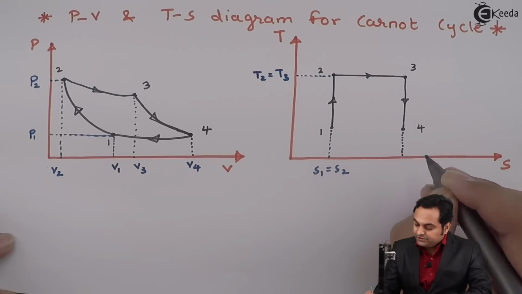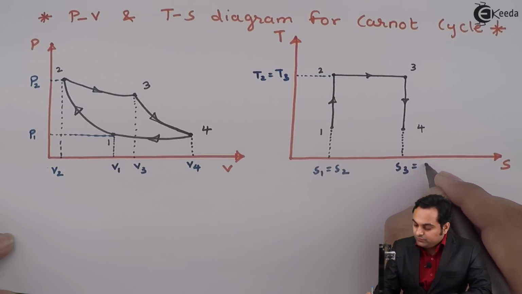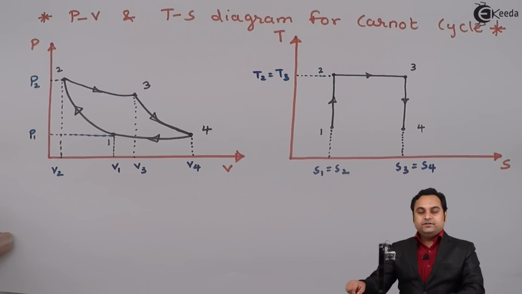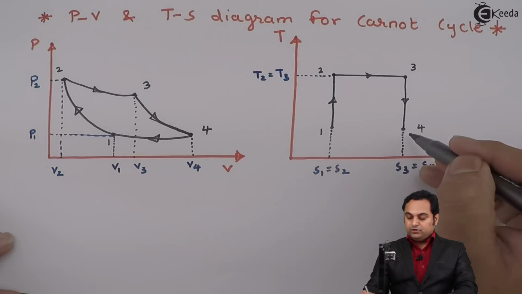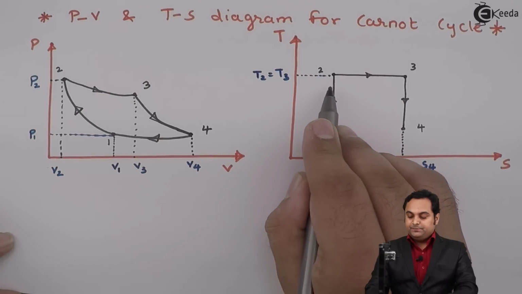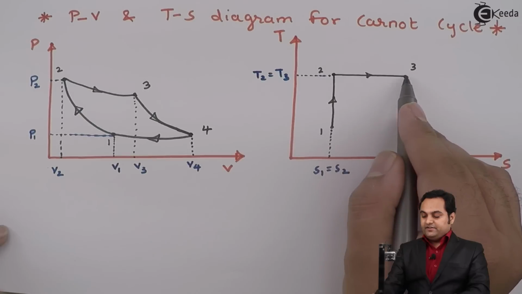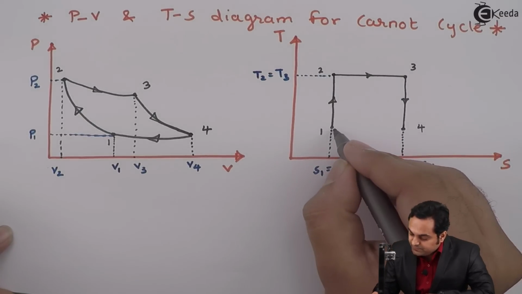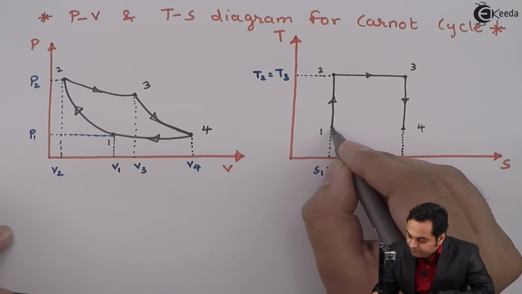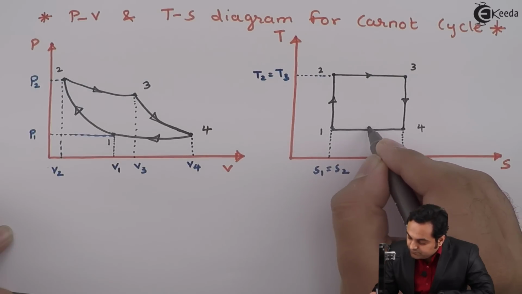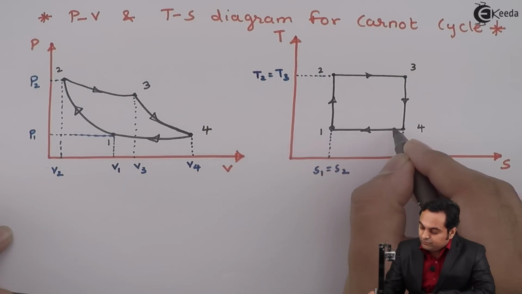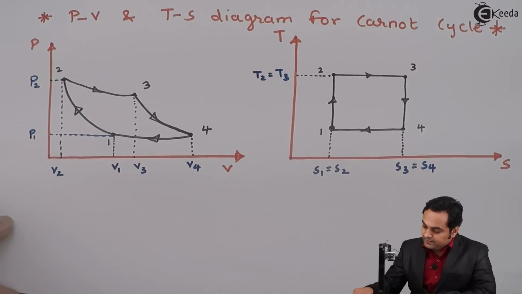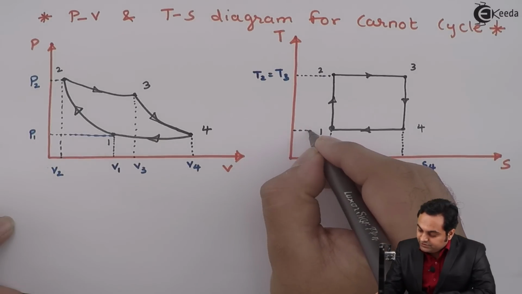Entropy remains constant, that is S3 is equal to S4, and the temperature has dropped because in compression process temperature increases, but in expansion process temperature decreases. So this is isentropic expansion. Then 4 to 1, it is again isothermal heat rejection, that is temperature remains constant.